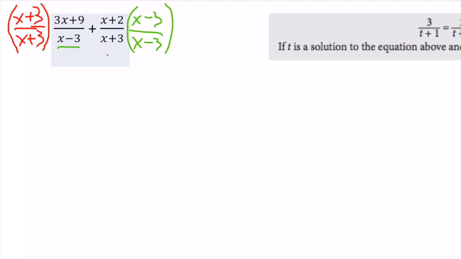Okay, another thing to notice here is that 3x plus 9, we can factor this out and make it a little bit simpler. Both these terms I can pull a 3 out of. It'll just make it a lot easier to deal with at the end.